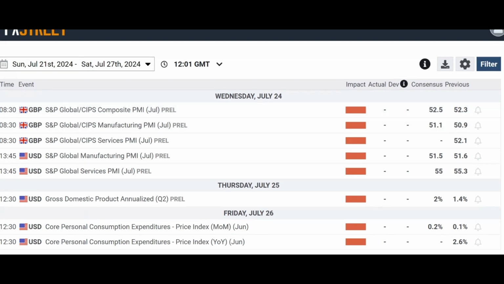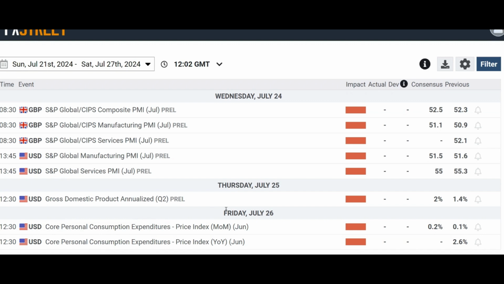Now, this data here will be giving us an insight into the health and performance of the service and manufacturing sector of both economies. And it's going to be playing a significant role in the trajectory of price action, even the anticipation of this event as well.